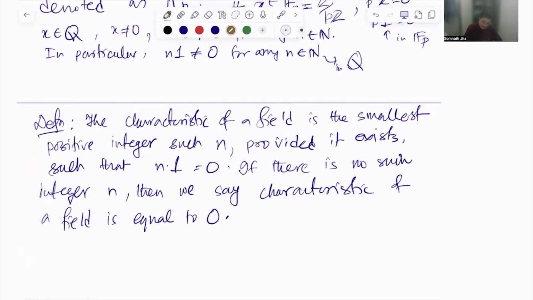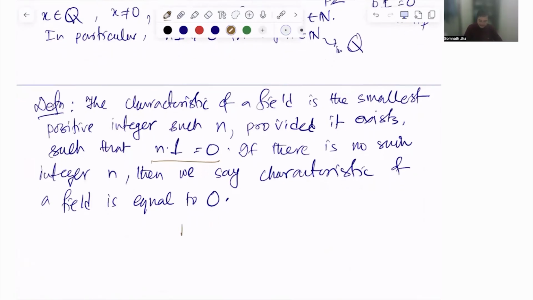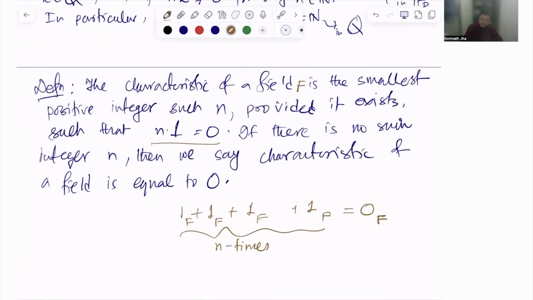Okay, so let us be clear what the meaning of this is, to make sure there is no confusion. What is the meaning of n times 1 equal to 0? Here it means 1_F plus 1_F plus 1_F. It means if you add the multiplicative identity n times in the field, then you get the additive identity of the field. If such a positive integer n exists, then you call the characteristic of the field equal to n. For example, take F equal to Z mod 7Z.